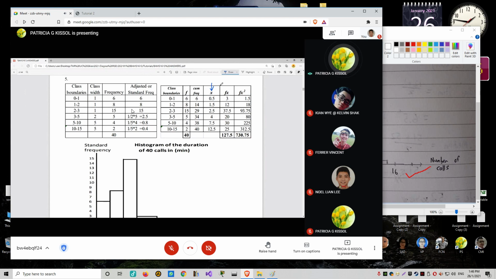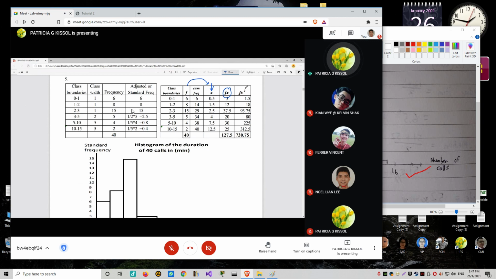And then each time we also need to get the f times x to give us fx. So you see 6 times 0.5, you get the value 3. 8 times 1.5 to give you 12. And once you did all that, you add all the values to give you 127.5.